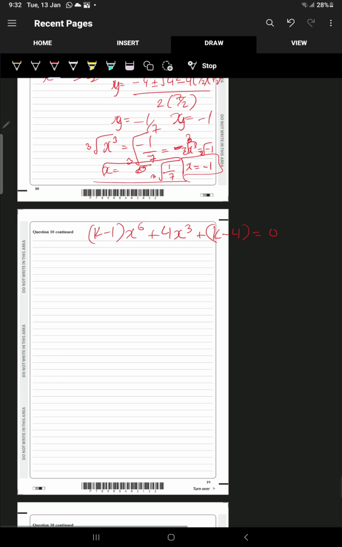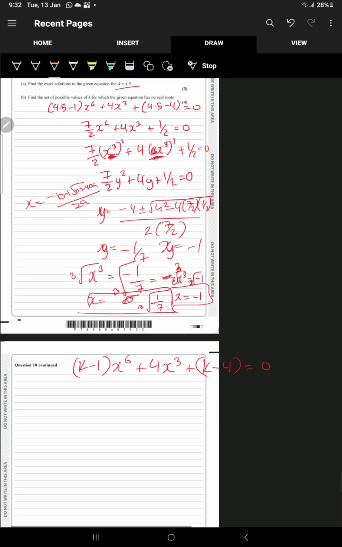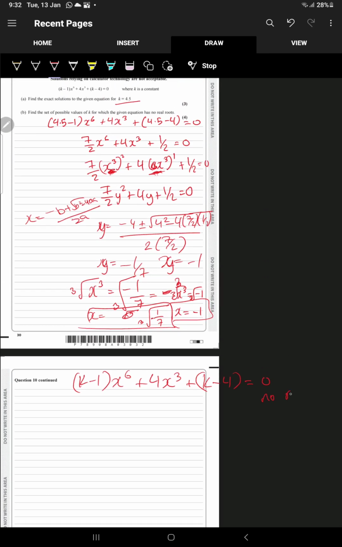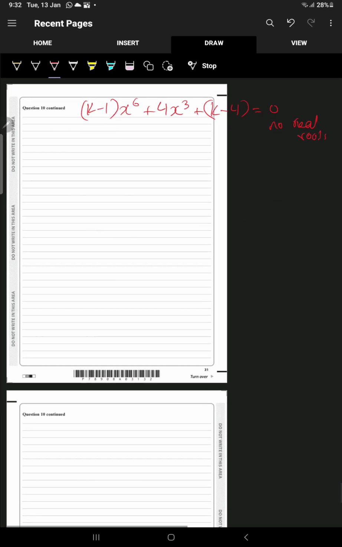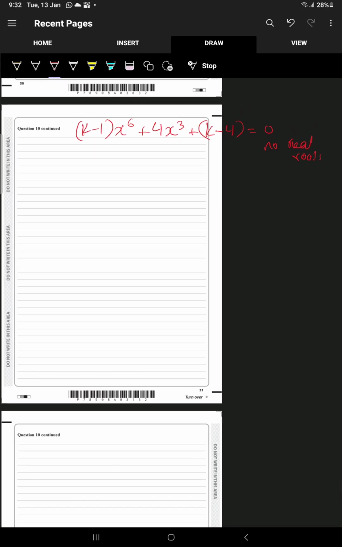Again, we have to rewrite this as a quadratic equation, so (k minus 1)(x cubed) squared. Why? Because we have to use a discriminant, and the discriminant can be used only on a quadratic equation, ax squared plus bx plus c equal to 0.